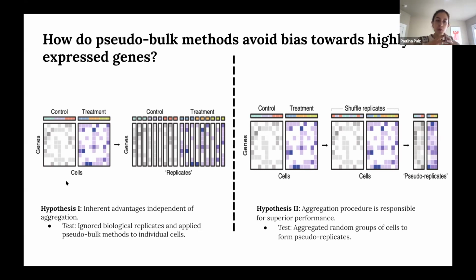So each grouping of cells wouldn't be done by biological replicates, but would have all kinds of replicates within that grouping, while still preserving the grouping itself. Like I say here, they aggregated random groups of cells to form pseudo replicates.